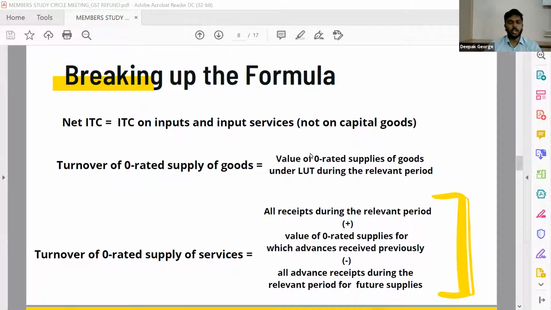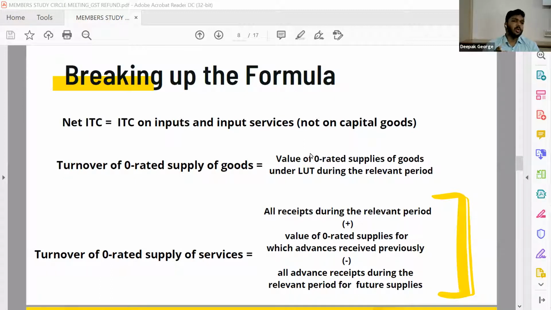There's no second thoughts about it. Whatever is the value of goods that you're exporting under LUT outside India or to a special economic zone, that is turnover of zero rated supply of goods. Confusion comes in turnover of zero rated supply of services. So this, we are still in the numerator.